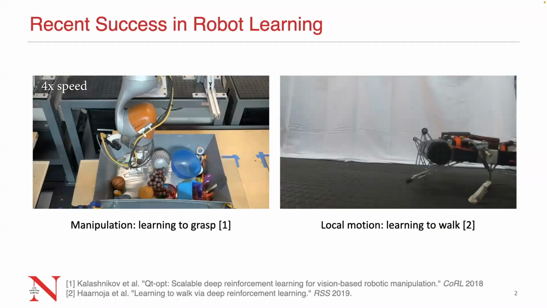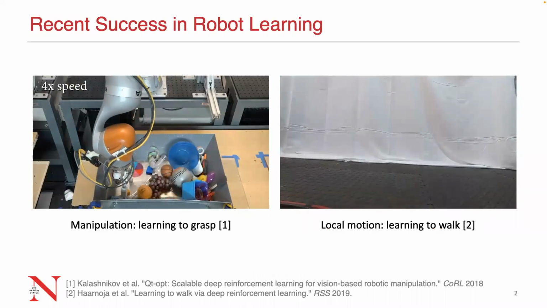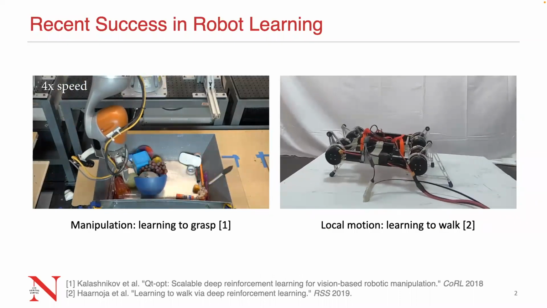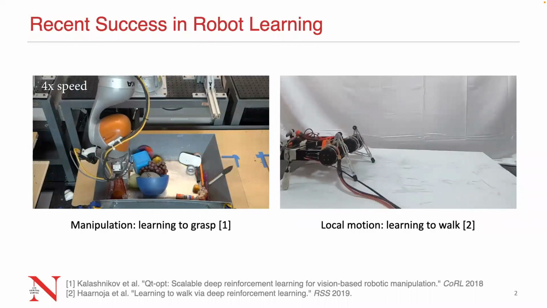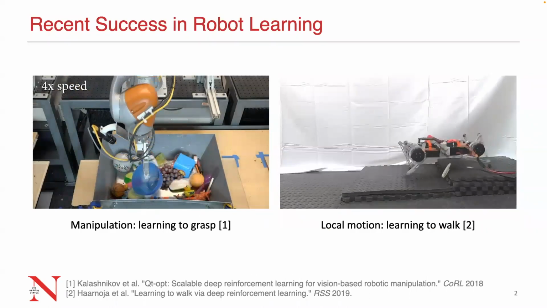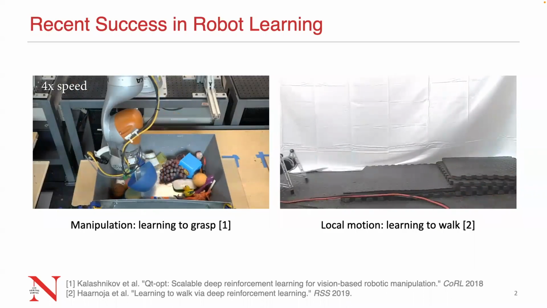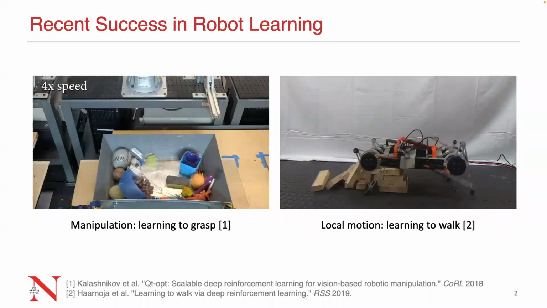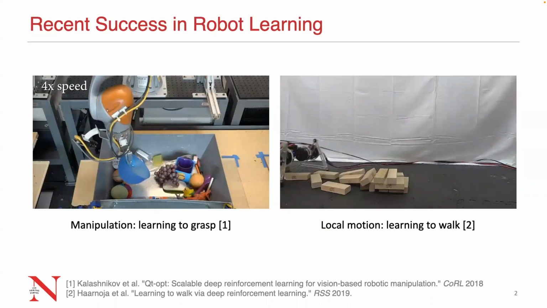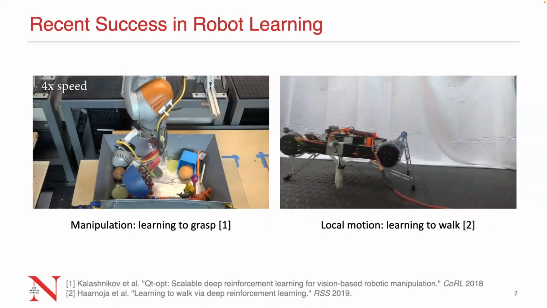So I work in robot learning. Recently there have been a lot of successes in using machine learning methods to solve robotic problems. On the left, there's an example of solving grasping using machine learning methods. You can see that the arm is trying to pick up the objects in a tray, and a camera records the images while the robot is moving to grasp, and then tries to generate a policy based on the input image.